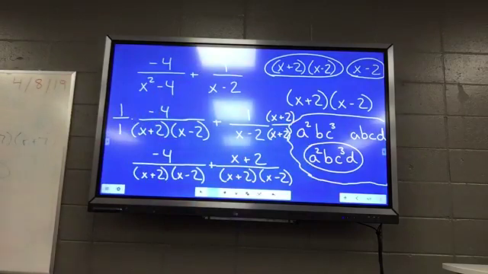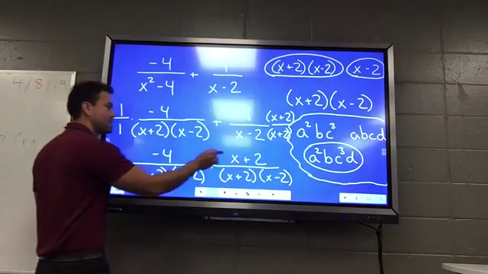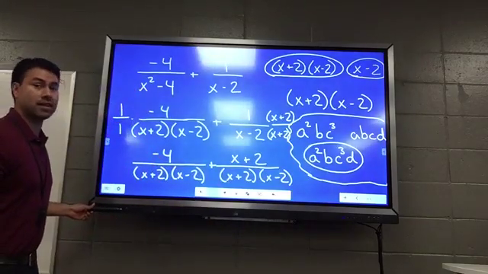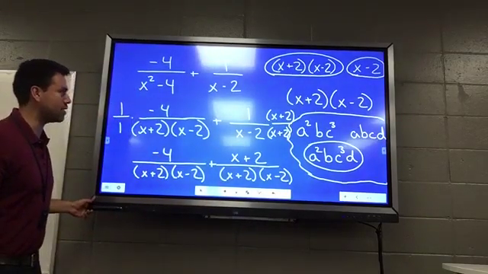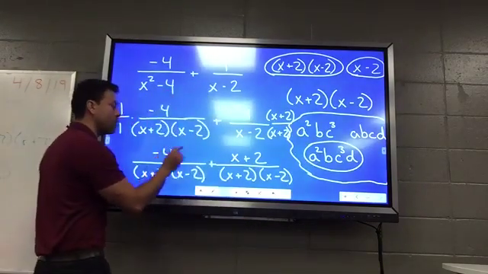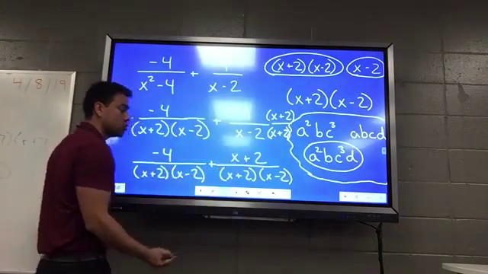Do I have a common denominator? Yes, I do. So can I just add the numerators now? What's negative 4 plus x plus 2? X minus 2. Yeah, you can say x minus 2. You're just adding like terms.